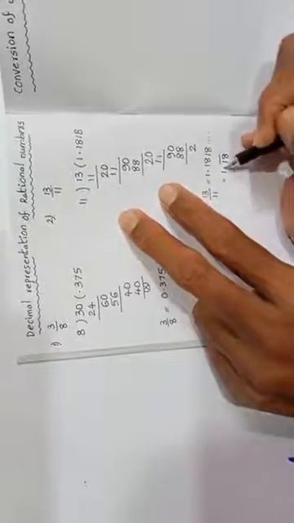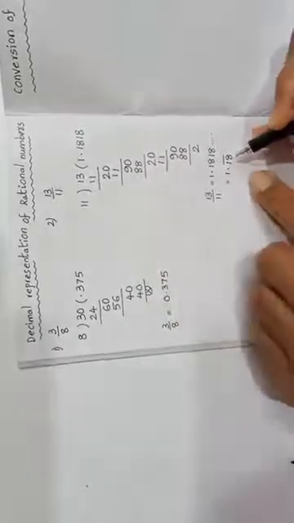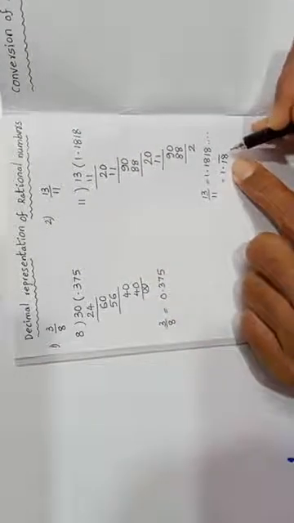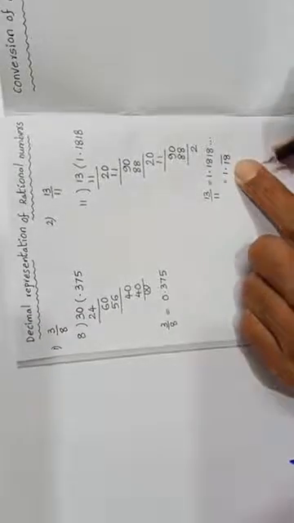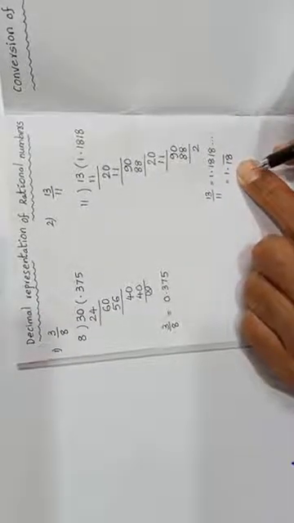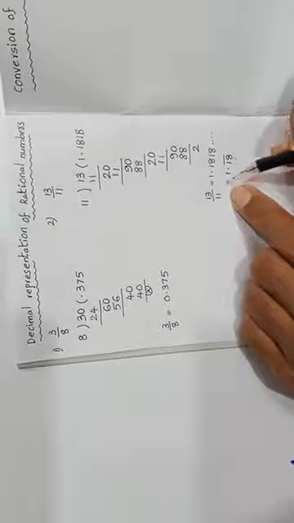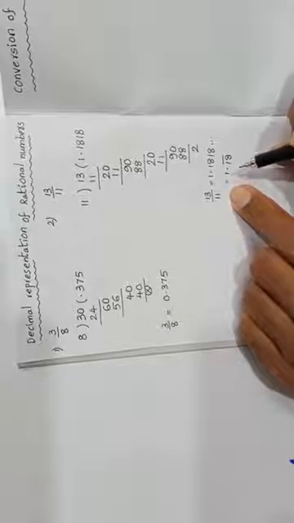So 1.18 bar means in this decimal 18 is always repeating. So the decimal form of 13 by 11 is 1.18 bar.